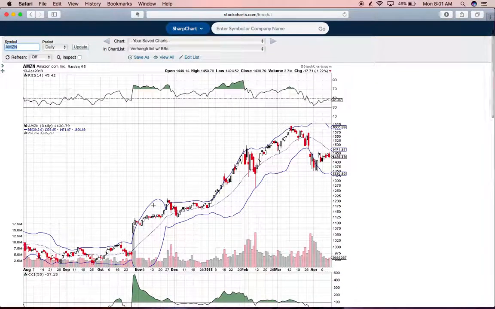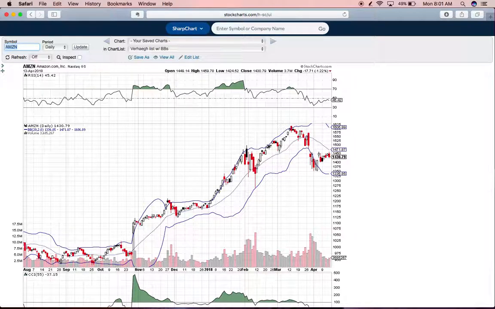And notice how on Amazon you have this wide separation of the bands here. This is after this gap up, probably after an earnings report or something. But then notice how the bands start growing closer and closer together, and they form this squeeze. And notice how after a while it breaks out, and in this case it goes up to a new high. So you have this thing called a Bollinger Band squeeze.